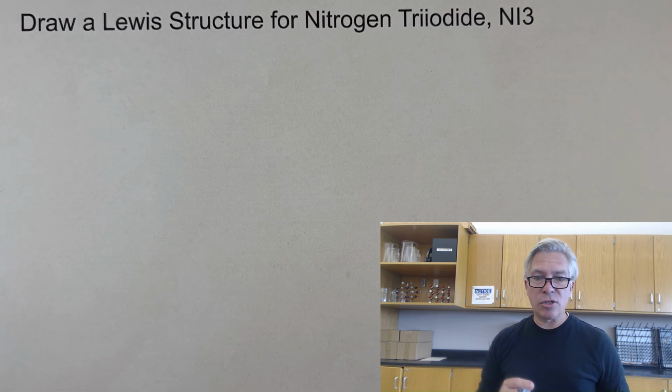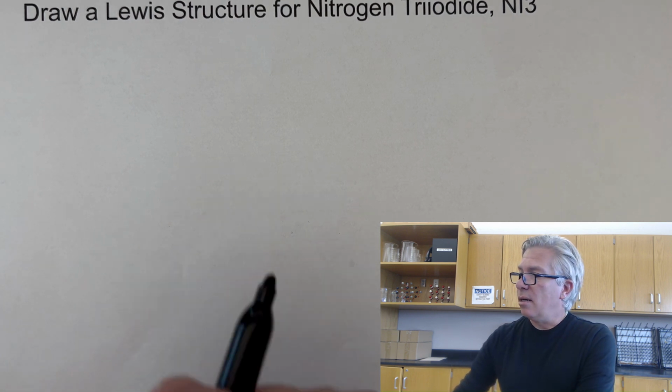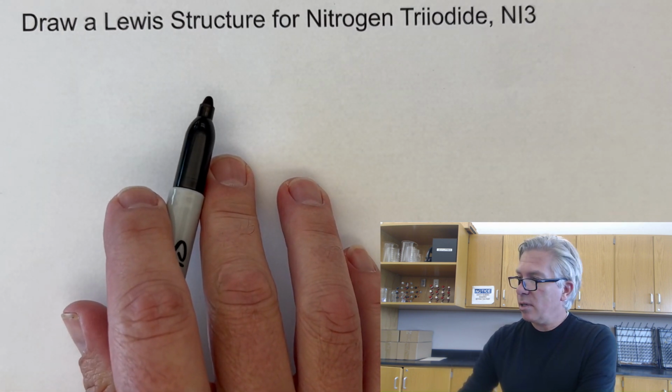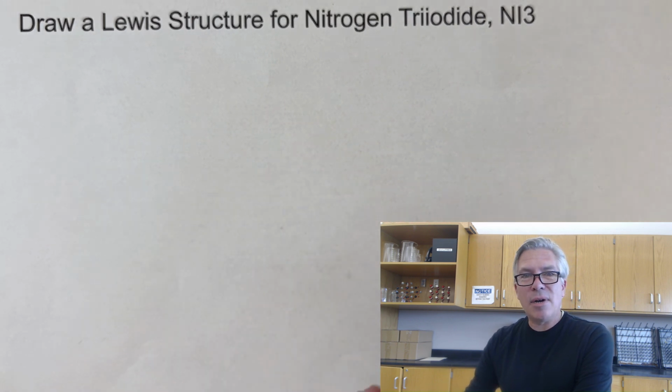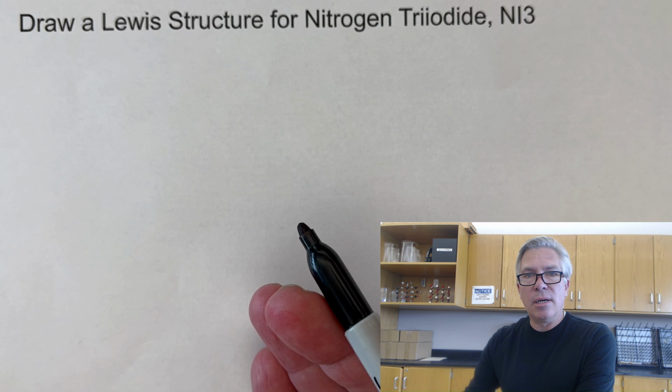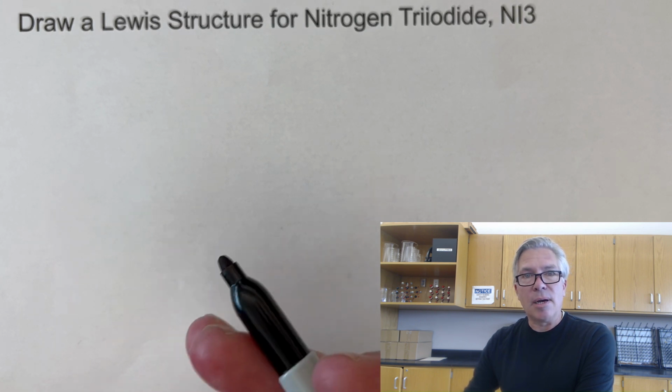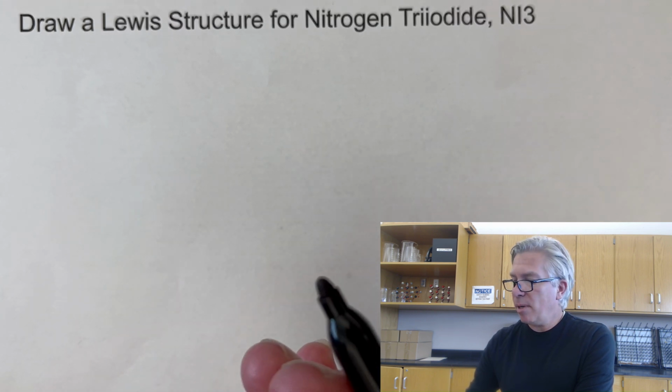So a Lewis structure is a diagram of a molecule, and what we're going to do is show how we would draw them. And again, the molecule does not look like this, but it's a model to help us think about atoms, and that's what you want to remember about these.